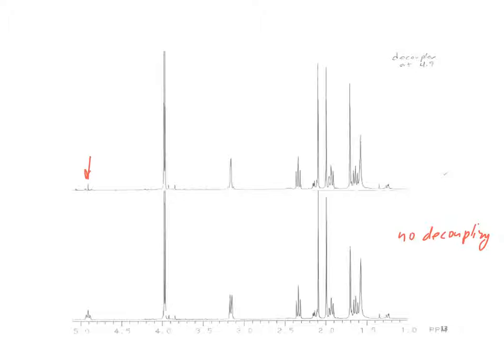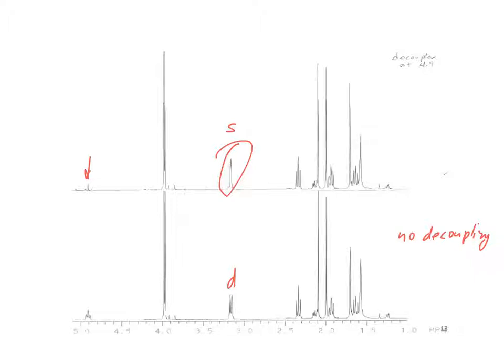Then what we do is compare all the other peaks and look for what has changed. So what do you see that's changed? Yeah, this one right here. It was a doublet down here, and it's mostly a singlet up here. So that means that the protons that give rise to those two signals couple with each other.